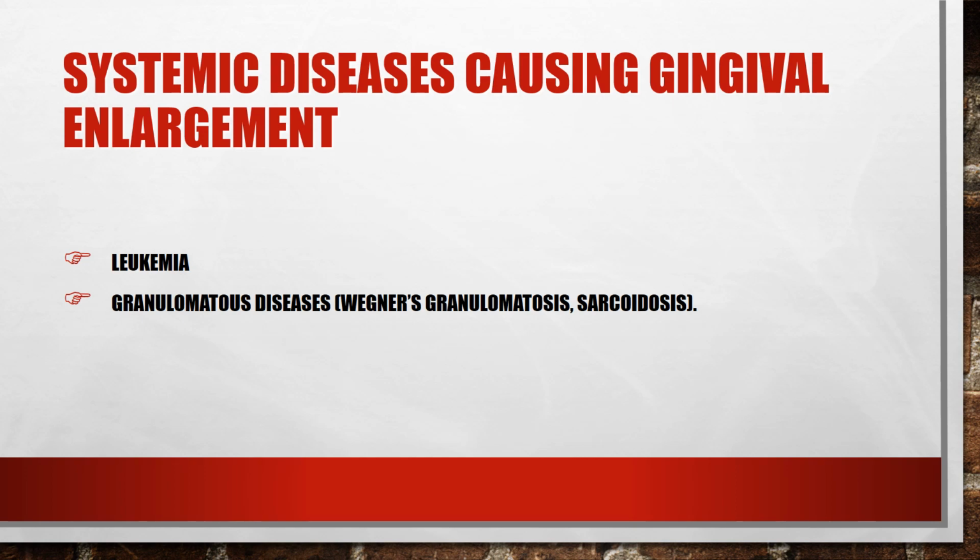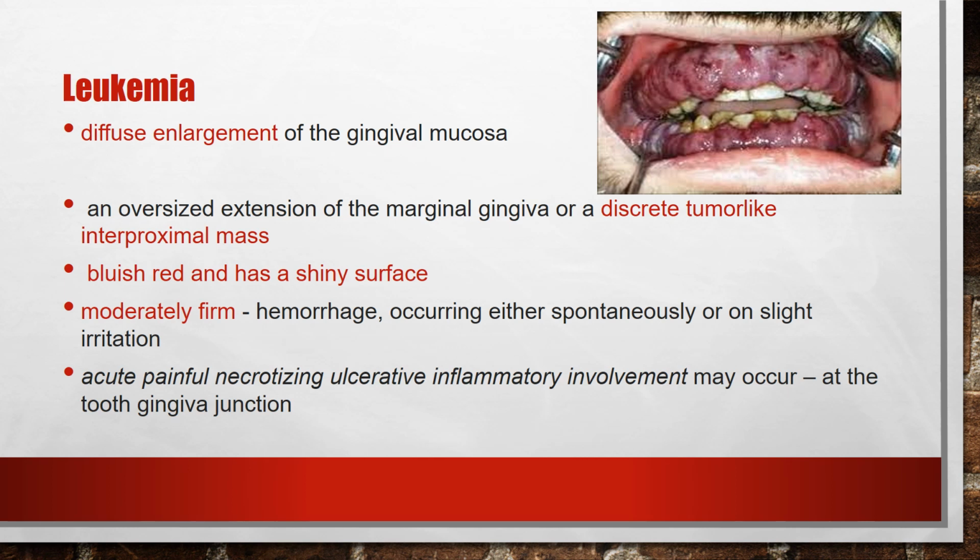Next, coming to the leukemia associated gingival enlargement, it is mostly seen as diffuse enlargement of the gingival mucosa. As you can see in this picture, it involves the marginal gingiva, interdental gingiva, as well as the attached gingiva as a huge mass. This is an oversized extension of the marginal gingiva or a discrete tumor-like interproximal mass.